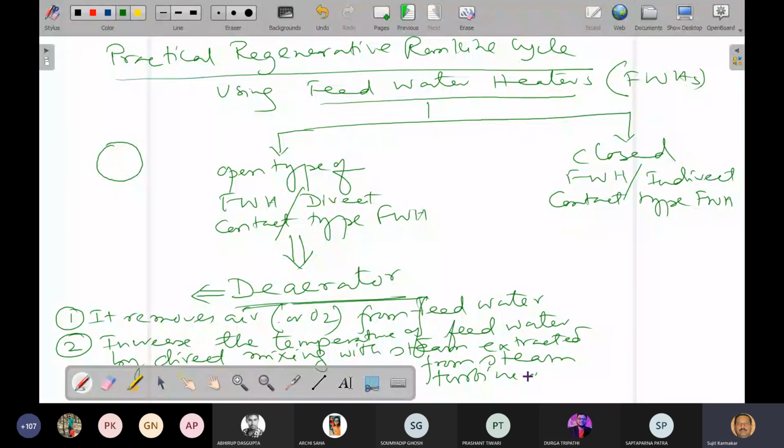I think those who remember, during the thermodynamics classes I mentioned: from where is the air coming into the feed water? That is the first question. And the second question is, if the air does enter, what is the difficulty, what is the problem? So how is the air coming in? Yes, anyone?